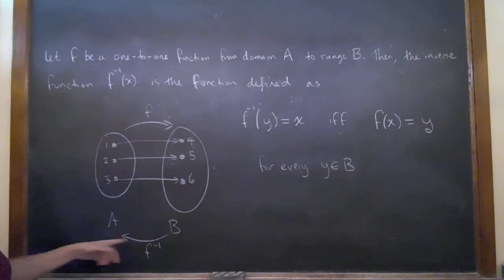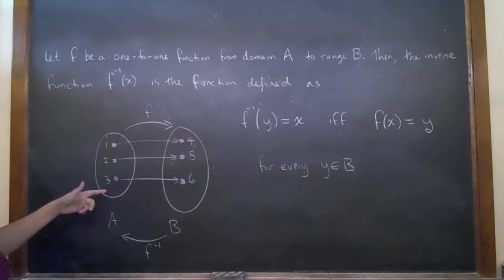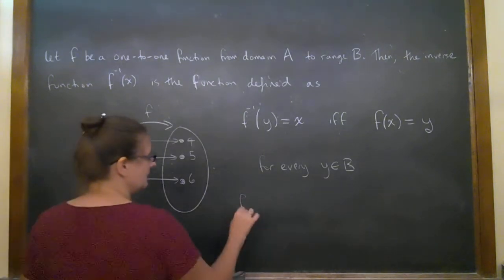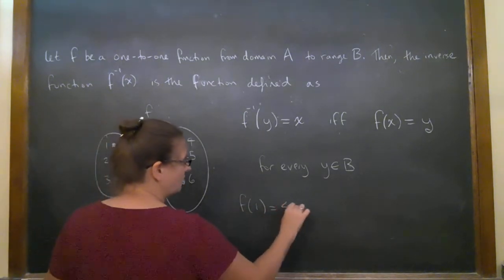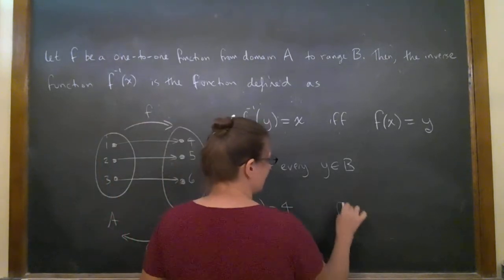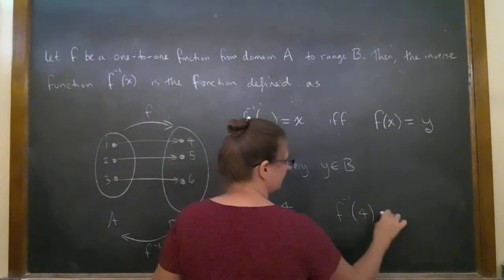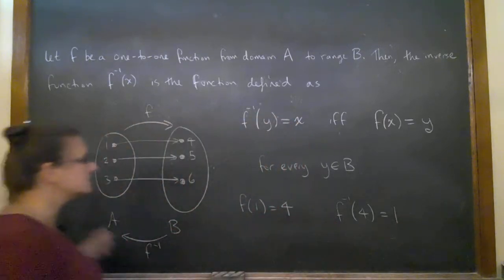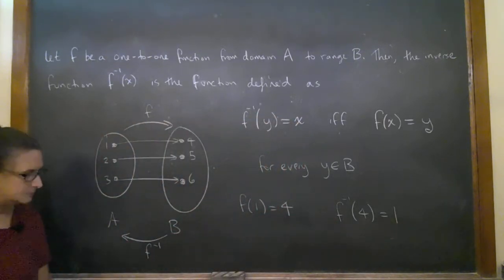So in my picture that I drew here, you can see that f of 1 equals 4. So if I go backwards, I would write f inverse of 4 equals 1. I'm just going the other way.